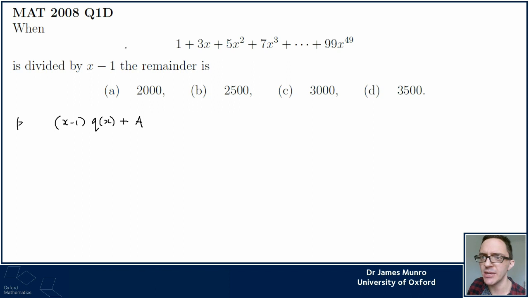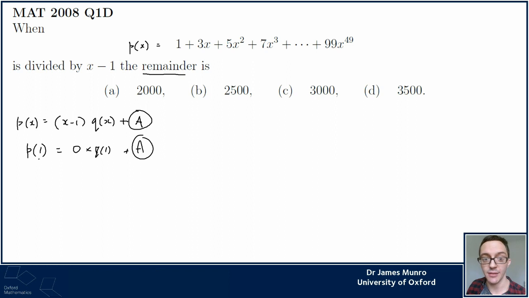So here, if this is p of x, then we'll write p of x as x minus 1 times q of x plus a. And the trick that we always use for these, when you write it as x minus 1 times some other polynomial plus a remainder, is to think about what p of 1 is. Because p of 1 will kill off this term, 0 times q of 1, plus a, and just leave us with a. So what we really want is this remainder, which is a, and the thing we're going to work out is p of 1.